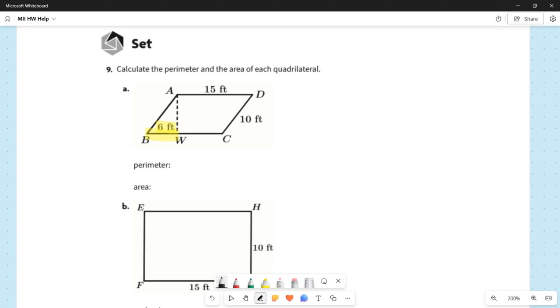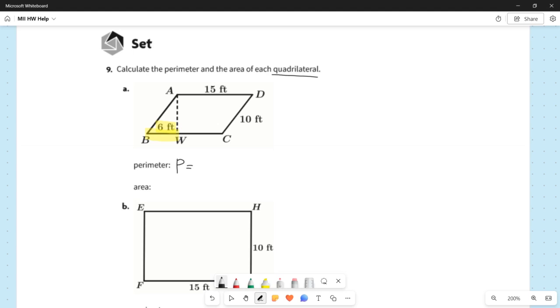If we assume it's a parallelogram, then we can figure out our perimeter and area. The perimeter, with any polygon, is the sum of the side lengths on the outside of the figure. We're told that this is a quadrilateral, which means we're going to add 4 things together. If you're adding more than 4 things for perimeter, you're doing something wrong, because it's 4 sides.